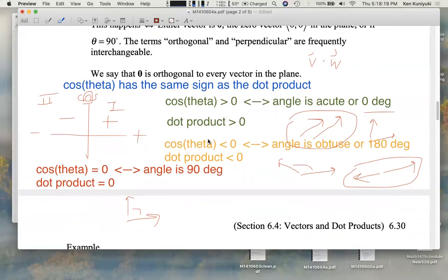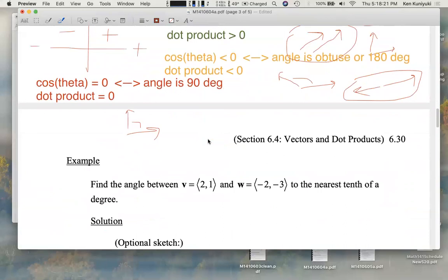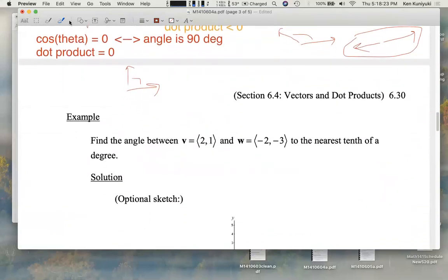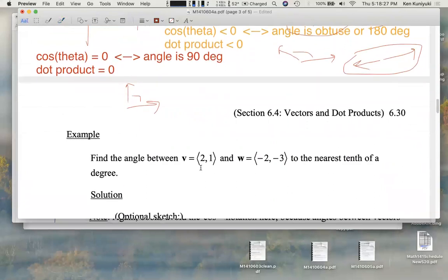But what if we want the actual angle? Okay, let's go through the formula. Find the angle between these two vectors. It's helpful to think of them as position vectors, using equal scaling on the axes so we can visualize angles. (2, 1), kind of flat, right? And (-2, -3), that's a bit steeper.